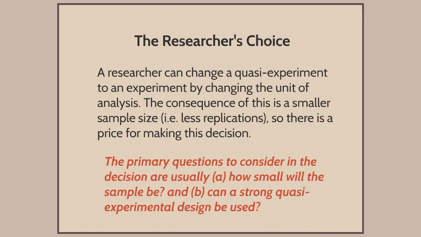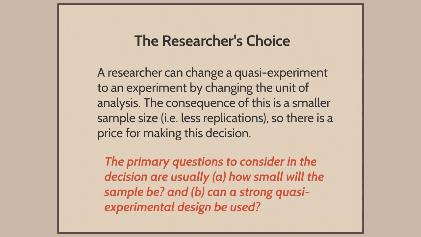But instead of looking at student scores, if the researcher took a score for each class, like maybe the average of the class, and used that as the score, then this would be a true experiment because the experimental unit would be a class and the unit of analysis would be a class. So it would be a true experiment, not a quasi-experiment.